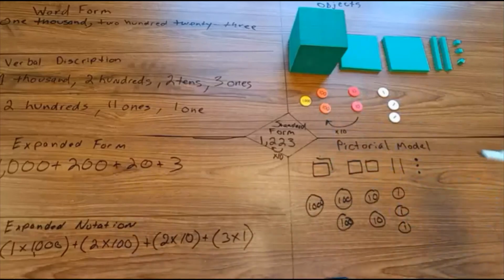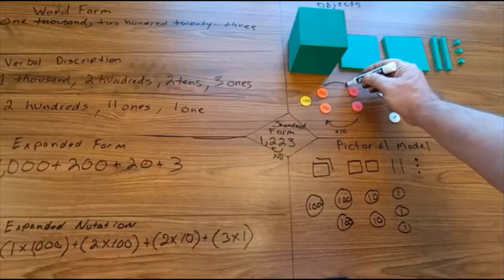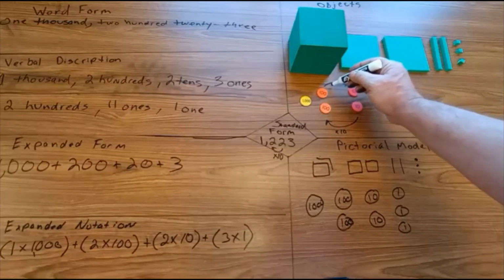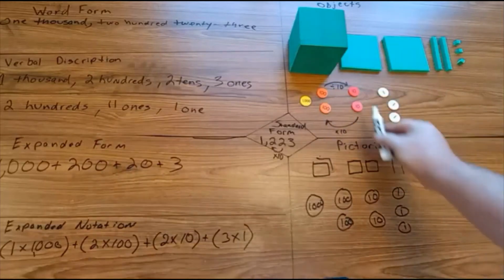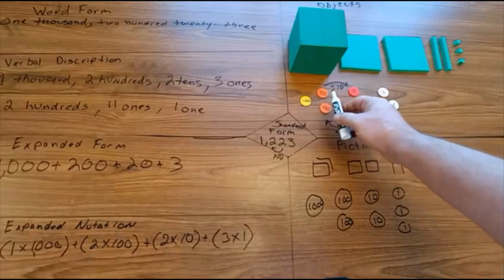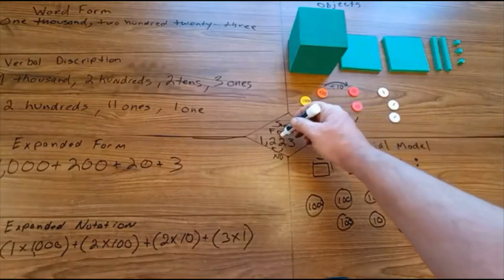But if I was going the other way, when I go this way, I would divide by 10. So 10 is 1/10 of 200. So same thing.